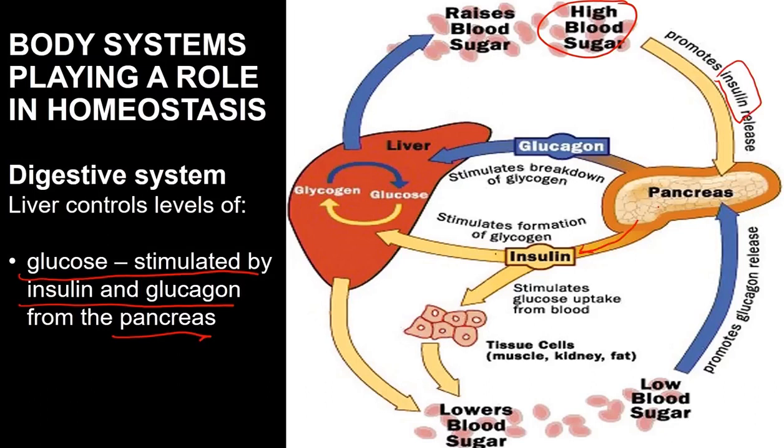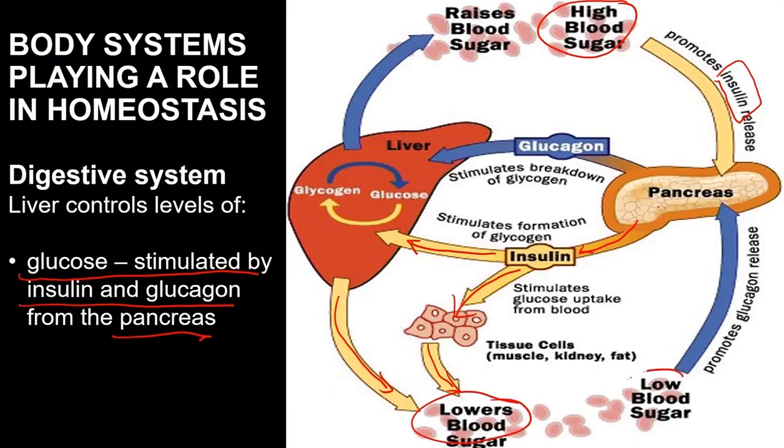Insulin is released here. It goes along to the liver, and the liver then stores the glucose as glycogen, which then lowers the blood sugar level. Insulin also tells the cells to absorb sugar, and both of those act together to lower the blood sugar level.